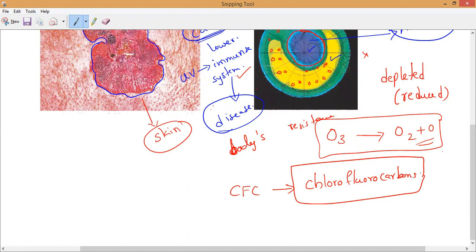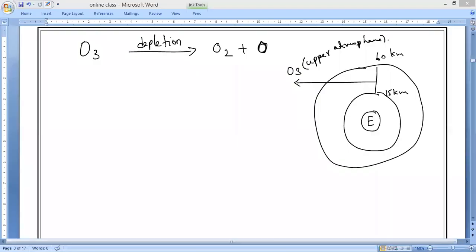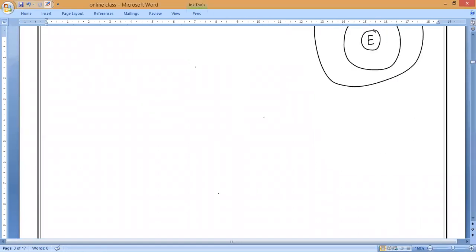So now for this CFC, for example, have you noticed air fresheners in our home? Do you have a room air freshener and all? You might have noticed it. Do you have, guys? Please speak. Do you have a room air spray? Let me know. Room spray, bathroom, toilet air spray, like that air freshener we are having.